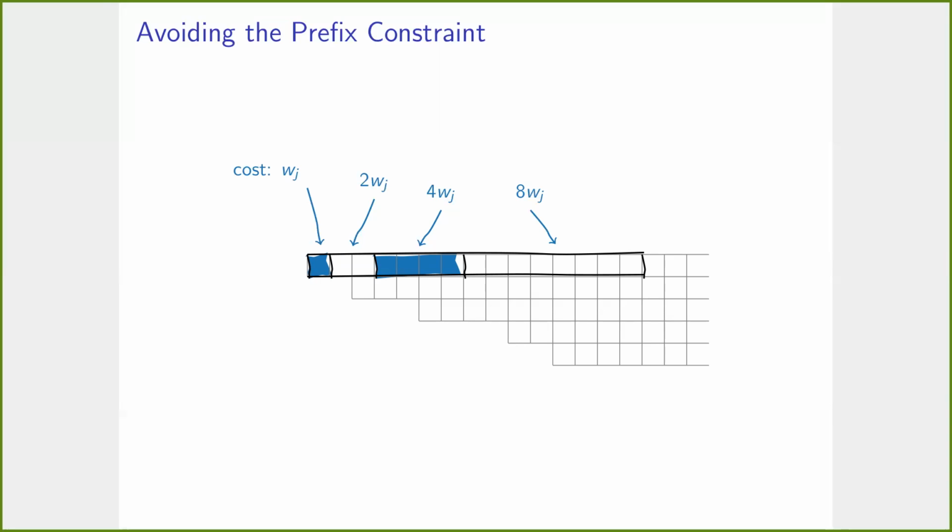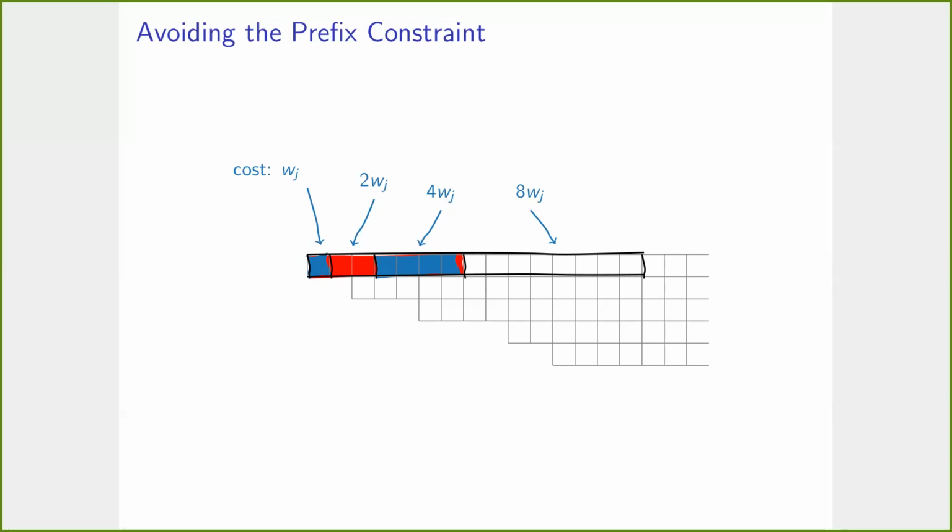On the other hand, if I have a solution with these group constraints, then I can also transform it to satisfy the prefix constraints by just adding all the squares that I left out. So basically taking the prefix from the beginning until the last square that I selected in the blue solution.